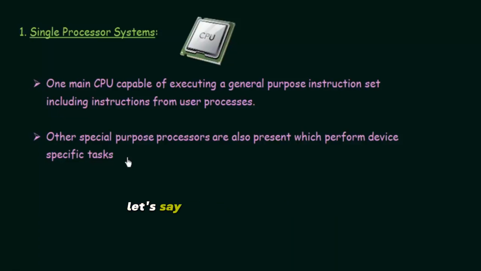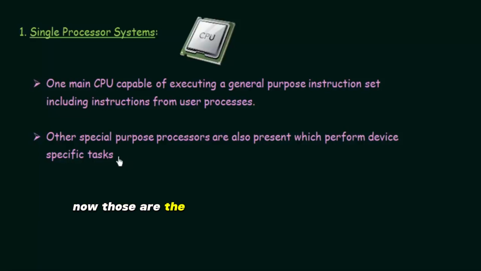For example, let's say that we have our keyboard. When you press a key on your keyboard, the keystroke has to be converted to some kind of code, let's say a binary code, so that the computer actually understands what you have pressed or what you are typing. In order to convert the keystroke to a code, there is a little microprocessor present on your keyboard, which is going to perform only that task of converting your keystrokes to some kind of code.